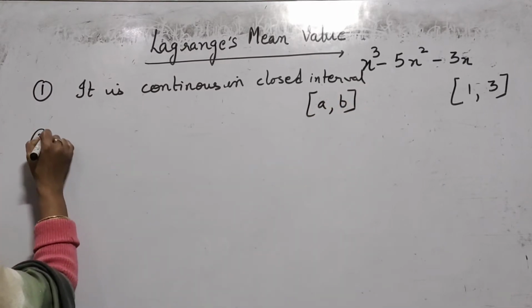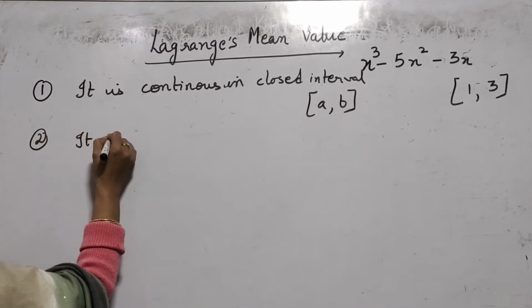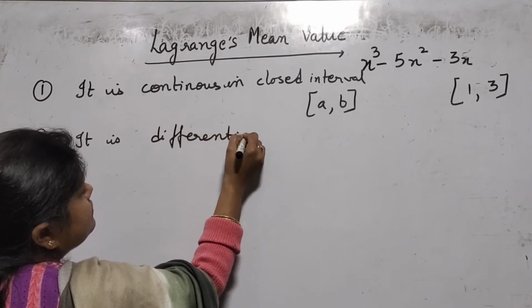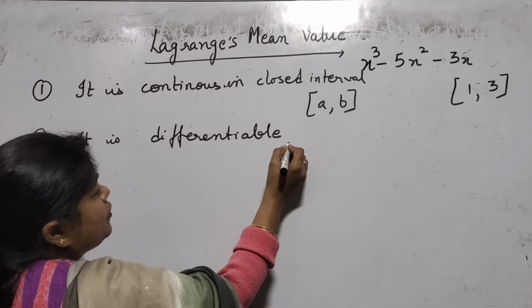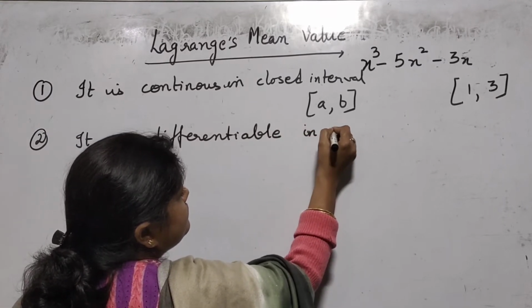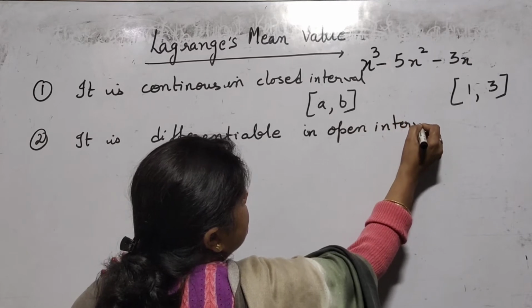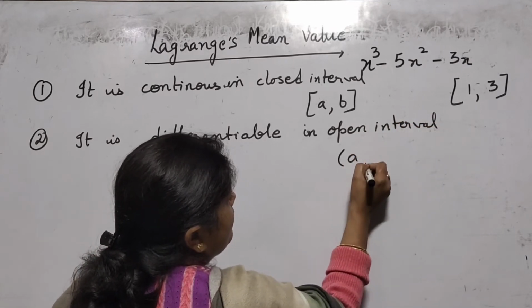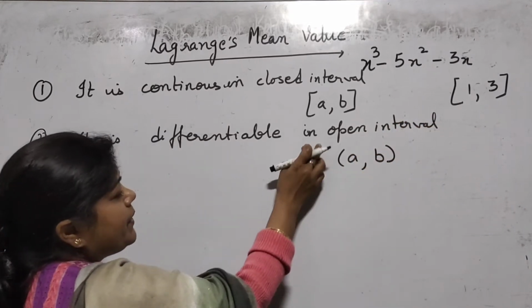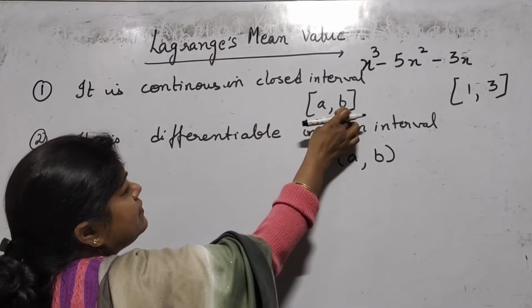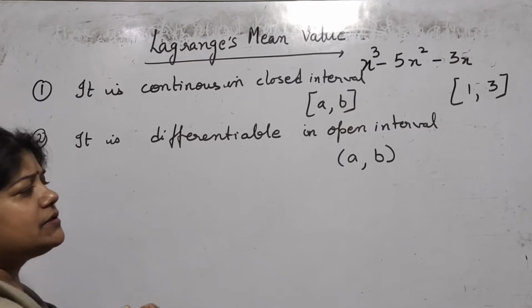Second condition, it is differentiable in the open interval (a, b). For the open interval, you write the small brackets. For the closed interval, you write the square brackets, big brackets.